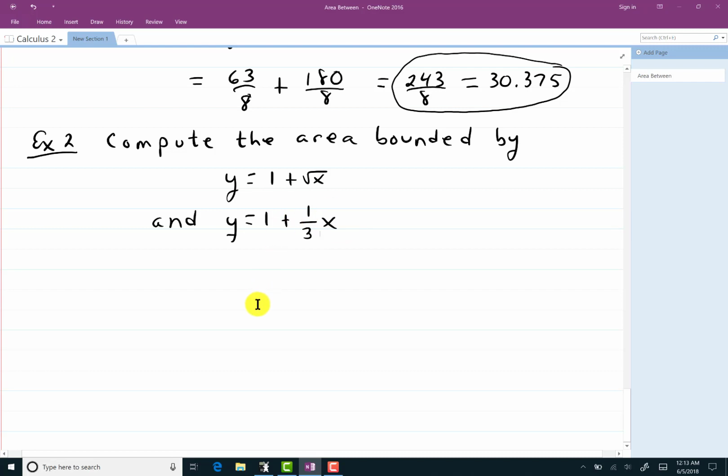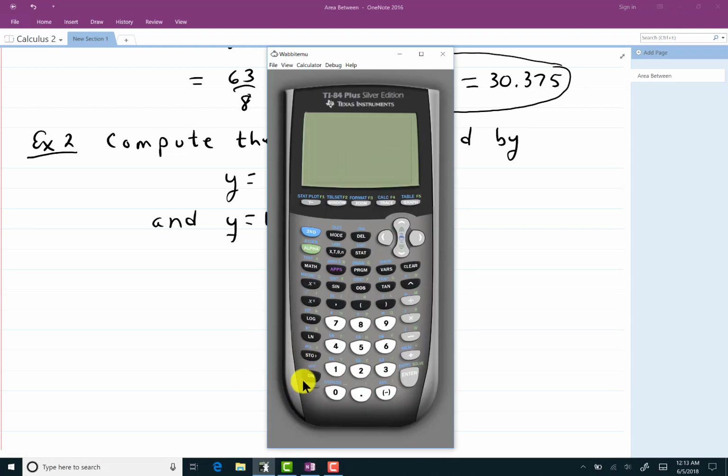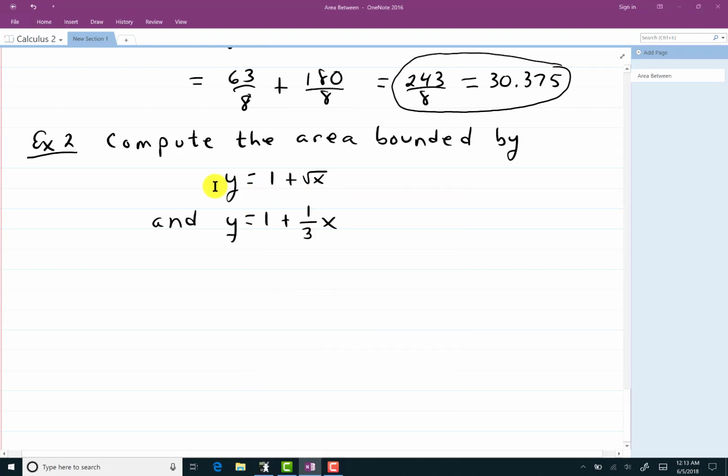So as before, I'm going to graph these things, get an idea of what I'm dealing with, unless you know. I mean, honestly, this is not the biggest thing in the world. You know what the square root of x looks like, you shift it up 1 unit. You probably know what 1/3 x looks like, you shift it up 1 unit.